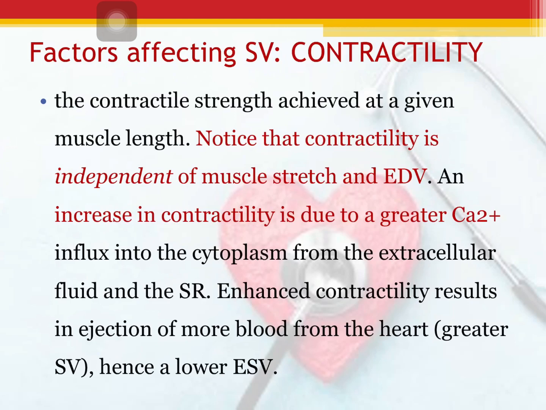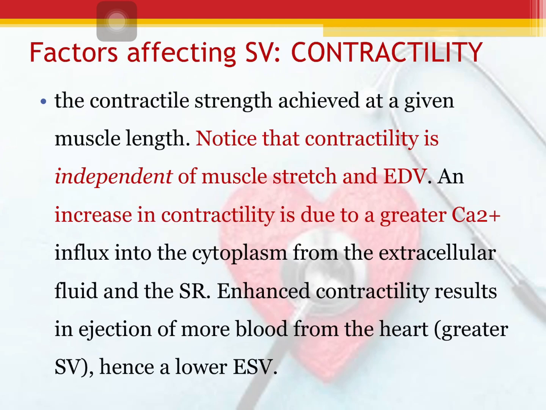Next factor affecting stroke volume is contractility, the contractile strength achieved at any given muscle length. Notice that contractility is independent of muscle stretch and EDV. An increase in contractility is due to a greater calcium ion influx to the cytoplasm from the extracellular fluid and the sarcoplasmic reticulum of the cardiac muscle cell.